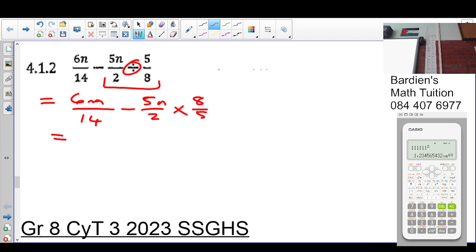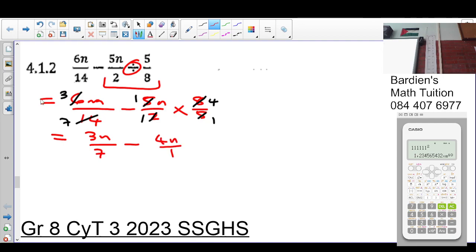So if you wanted, you could have simplified 2 in here. So 2 goes into 2 once. And 2 goes into 6 3 times. 2 goes into here 7. So it's 3n over 7 minus. 2 goes into 2 once, and 2 goes into 8 4 times. So it's going to be minus 4n over.